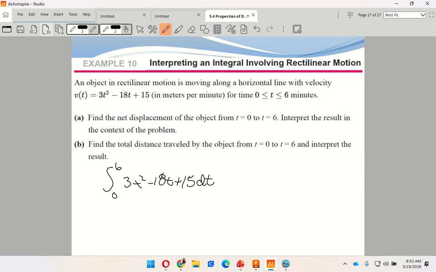That would normally be referred to as taking out my common factor, or in mathematical terms, my k value. It's my constant, and it's going to go out front. So, 3 times the integral from 0 to 6 of t squared minus 6t plus 5 dt.